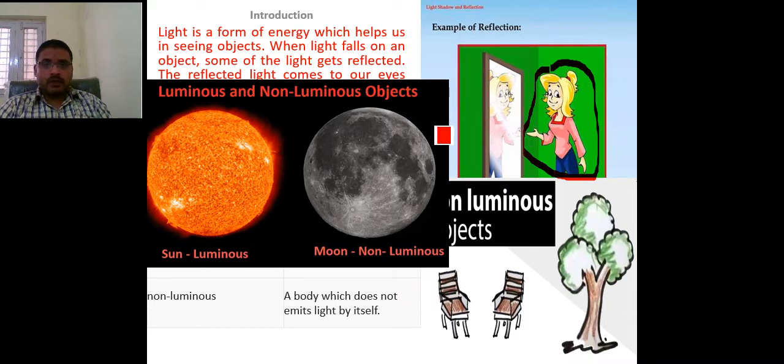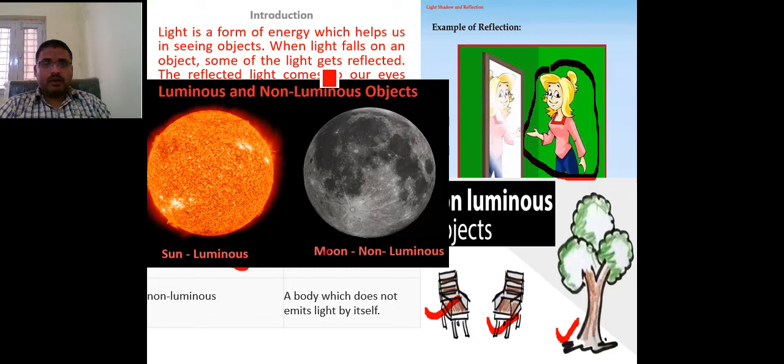Whereas the sun is luminous, and the moon is a non-luminous object. Here also you can see these are non-luminous objects. I have already told you.